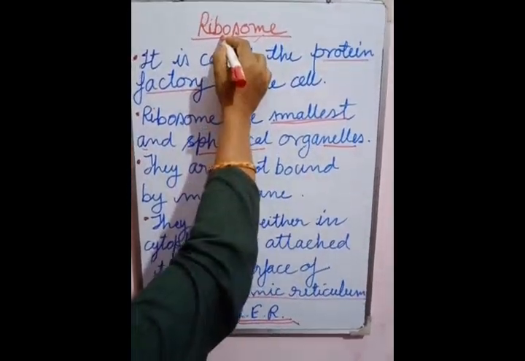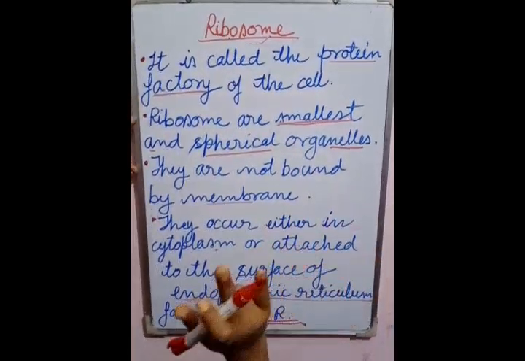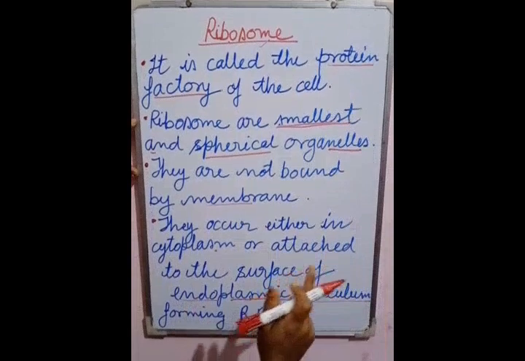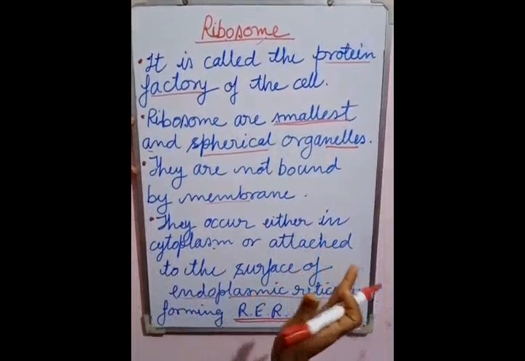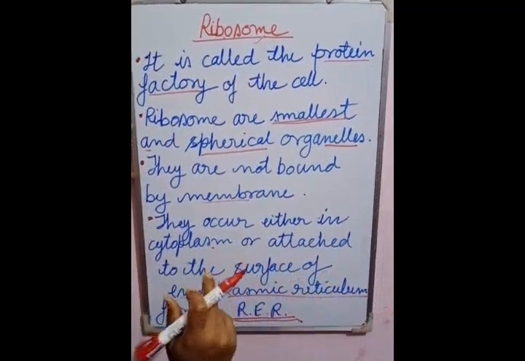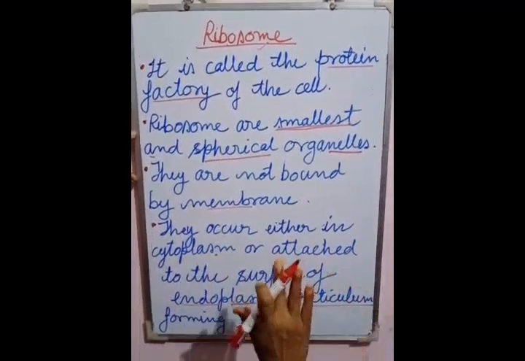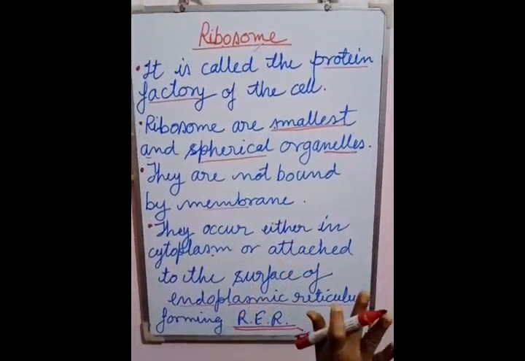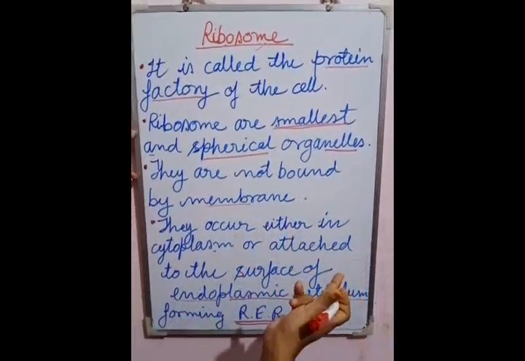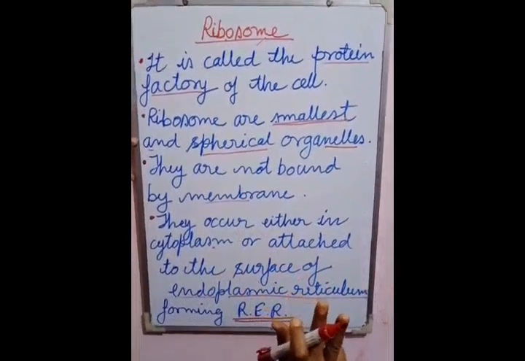Ribosomes are found in both prokaryotic as well as eukaryotic cells, and the exceptions are mature sperm and the RBCs. In the prokaryotic, they are present in the free form in the cytoplasm, while in the eukaryotic, they are found in two forms in the cytoplasm.